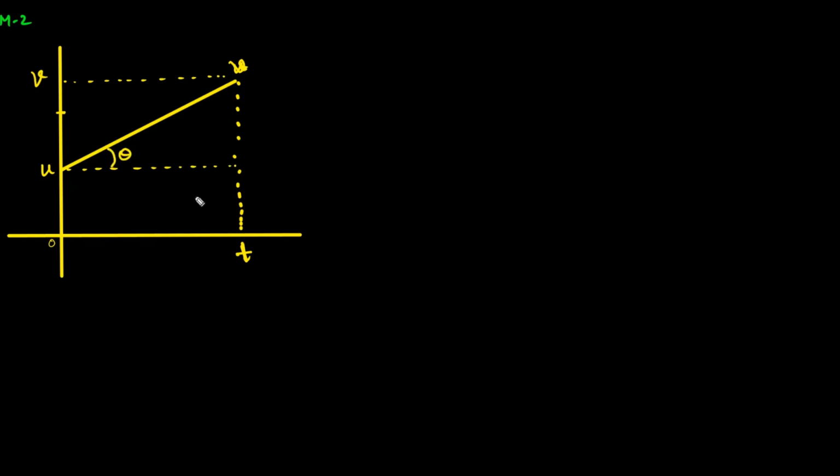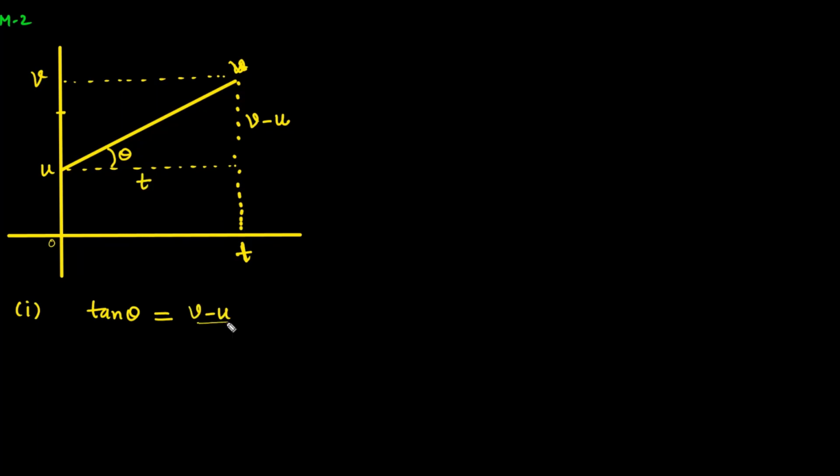Let's say this angle is theta. First of all, if I want to calculate the first equation, I have to derive this. So we will take the slope, right? Slope means tan theta. Now tan theta we know will be what? v minus u upon t.